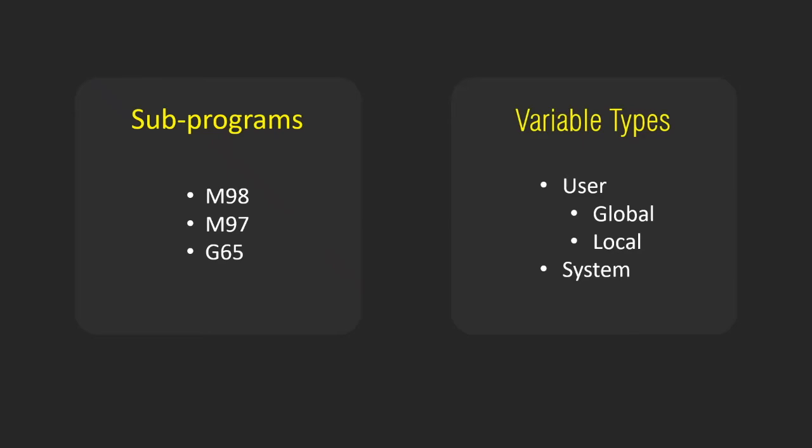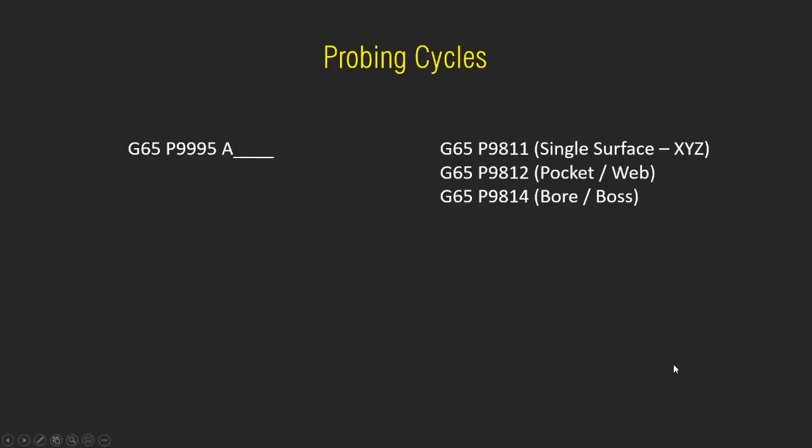I'm going to look quickly at some probing cycles. This is where we've been using them. And on the left side, I've got the G65 P9995, which you have seen a bit of. This is what we get when we use conversational programming.